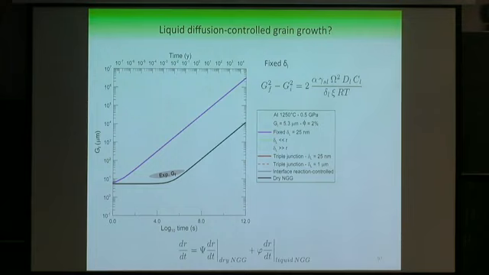And so here are the fits to the equations that I've presented earlier, where I take into account wetted grain boundaries and non-wetted grain boundaries.